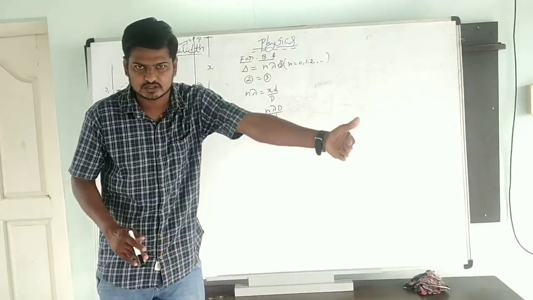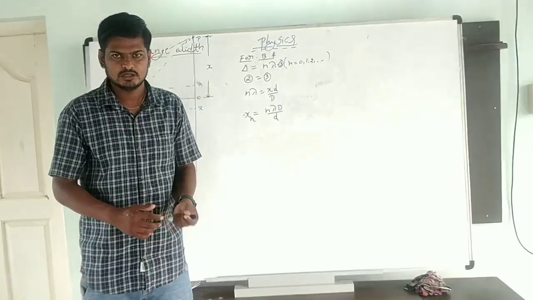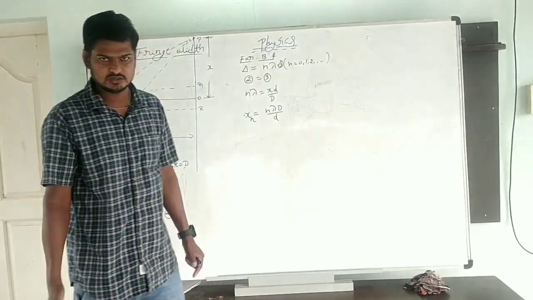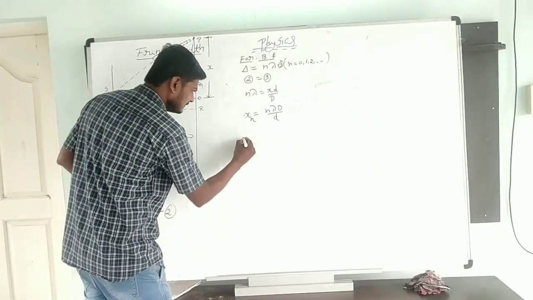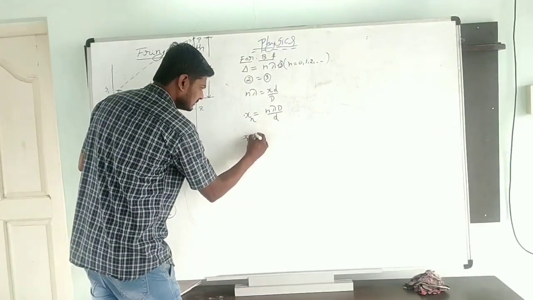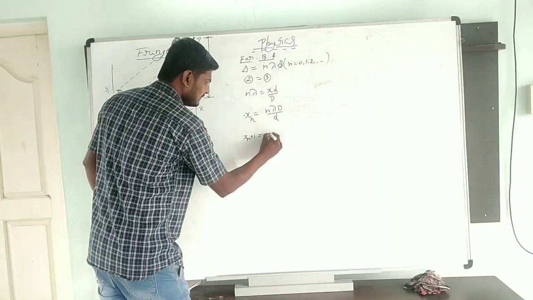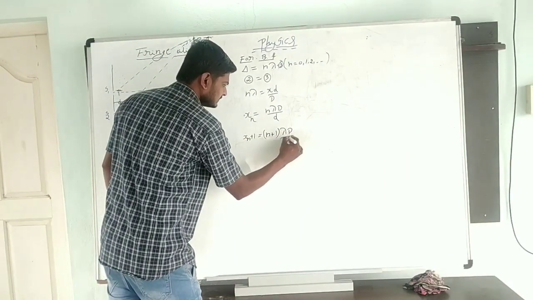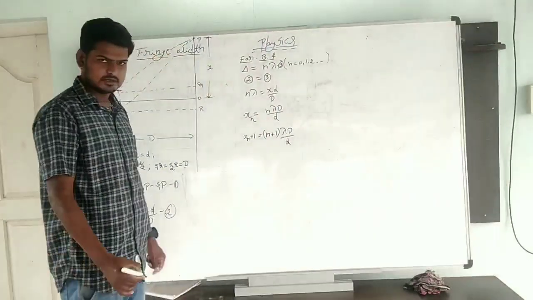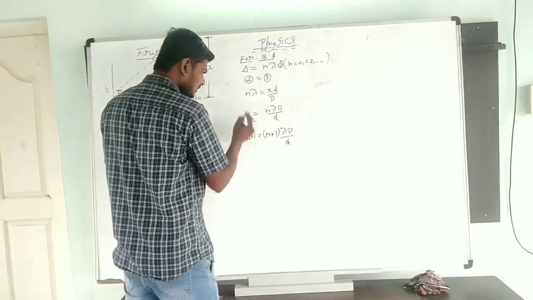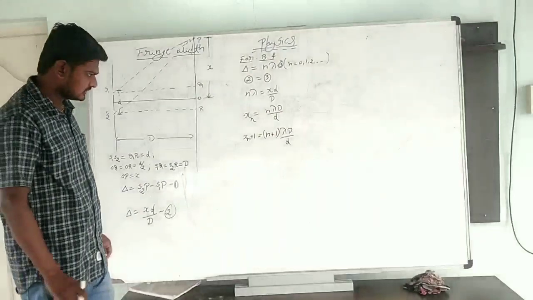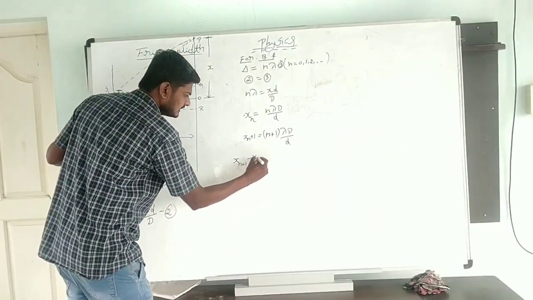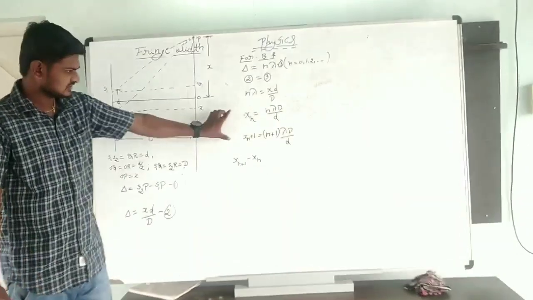The next bright fringe means n plus 1, so the distance of the n plus 1 bright fringe is n plus 1 into lambda D divided by small d. Now the distance between two successive fringes is x n plus 1 minus x n.